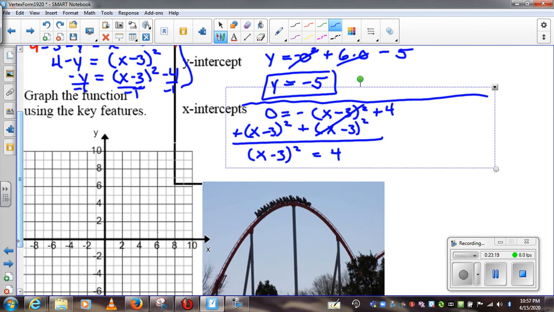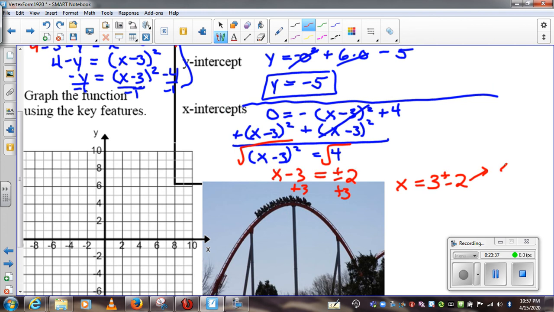I'm going to take the square root of both sides, and I get x minus 3 is equal to plus or minus 2. So let's add 3, and I get x is equal to 3 plus or minus 2, which means x could be 5, or is 5, and your other answer is x is 1.